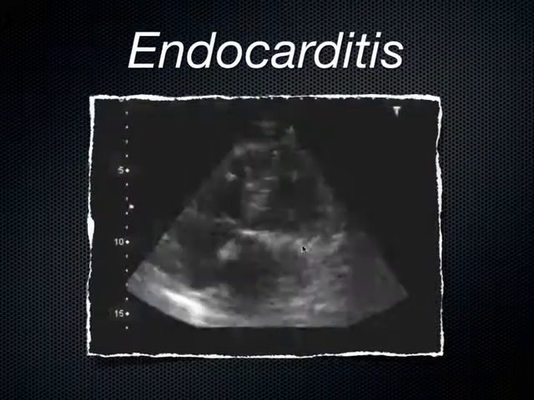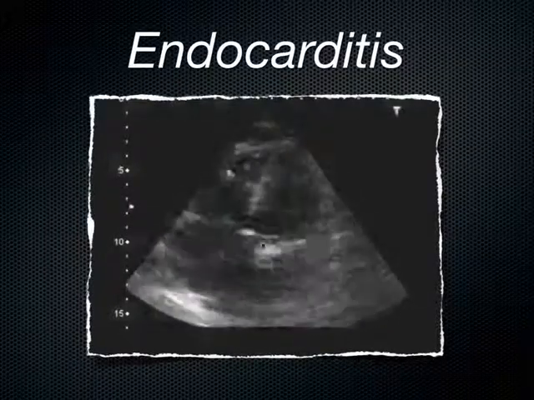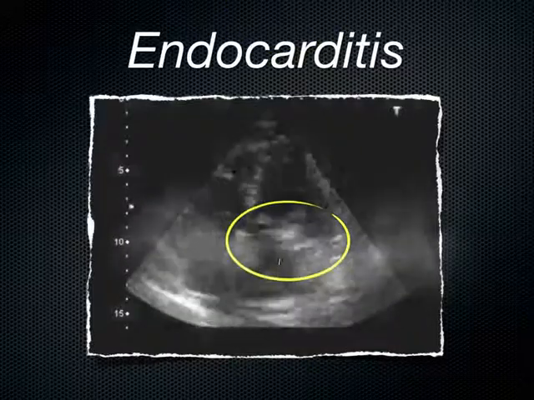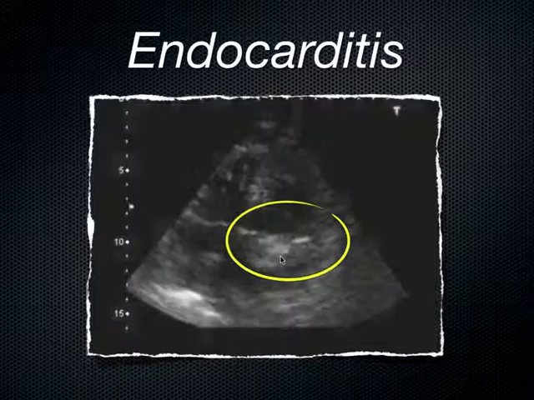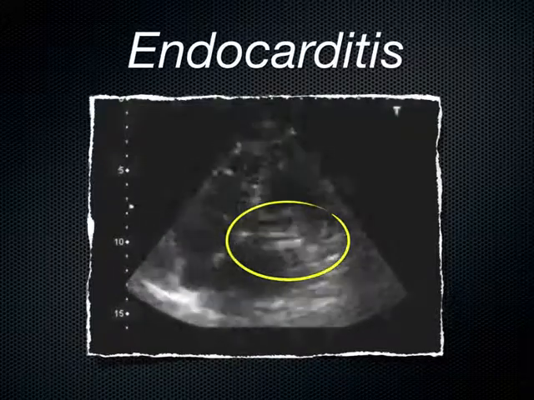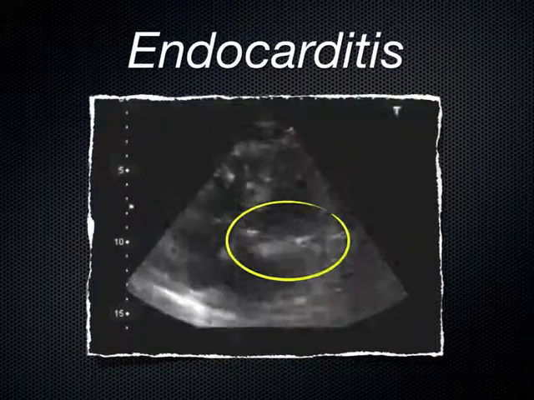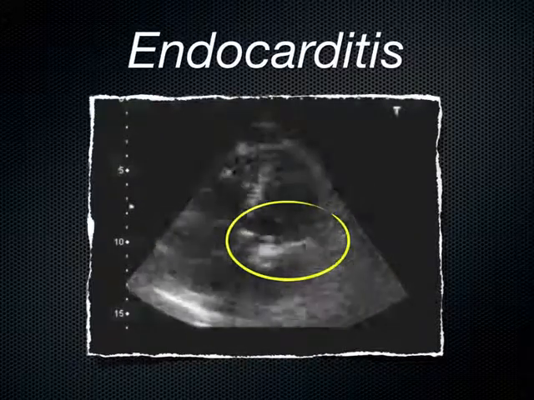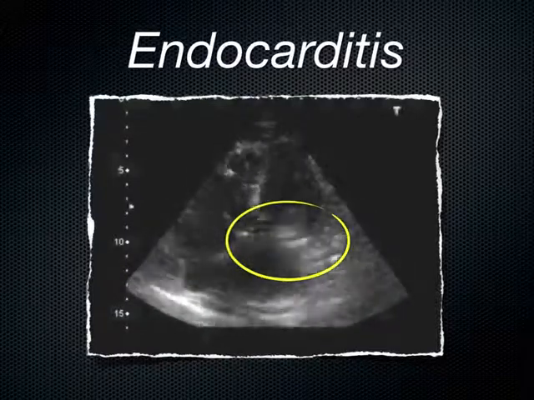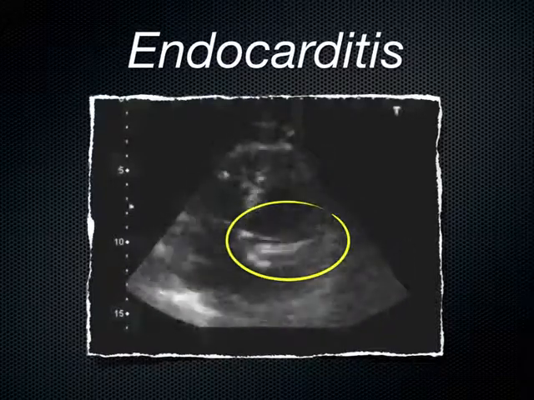And this is a case here of mitral valve with the vegetation on it. We can see this vegetation right here. It's attached to the mitral valve, and this is the apical four-chambered view in a patient who has endocarditis. This isn't the greatest example, I know. It's kind of hard to see, but this is the only one that I have.